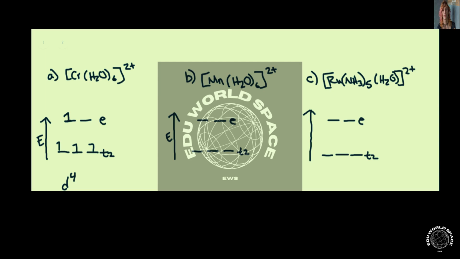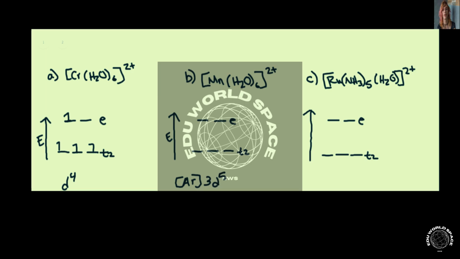Part B gives this also 2+ complex with Mn as our metal, and it tells us that this is a high spin complex. And so because this water does not give any charge to the molecule, we know that the Mn is going to be a 2+, where the electron configuration for the 2+ is going to be Ar and then 3d5.